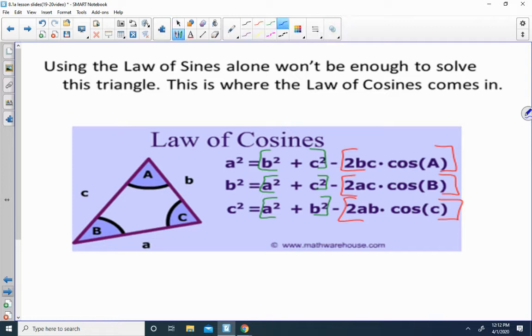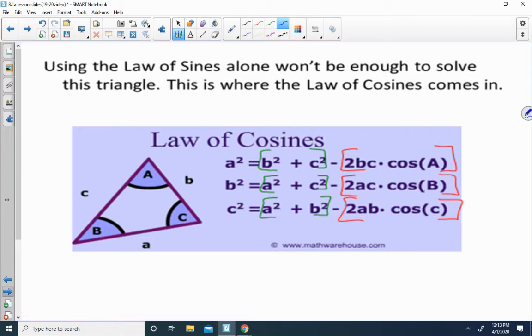Think about it. For this one, you got a squared over here, little a, where angle A is on the other side. Here, it's just little b with big B. Here, it's just little c with big C. They're basically rearranged the same way, just according to what letter you use.